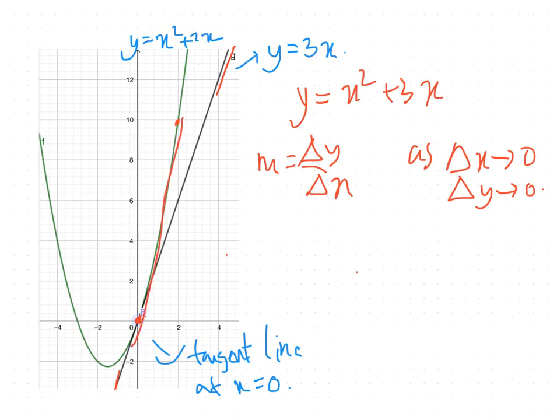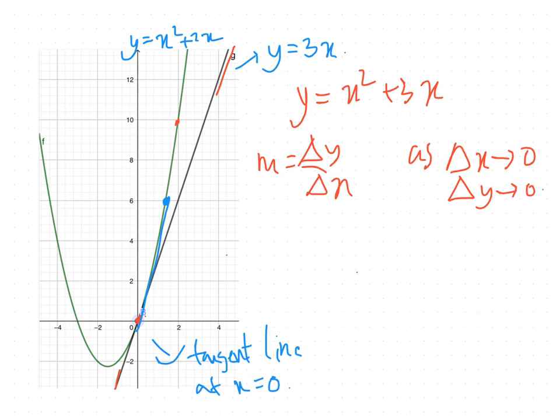First, the gradient is like this, so steep. But as we go closer, let's say the point is now moved to here, then it goes like this. So the gradient keeps on changing, and the delta x and delta y keep on changing.